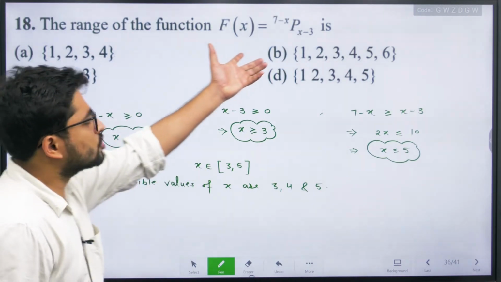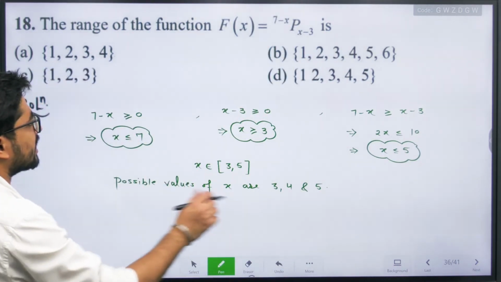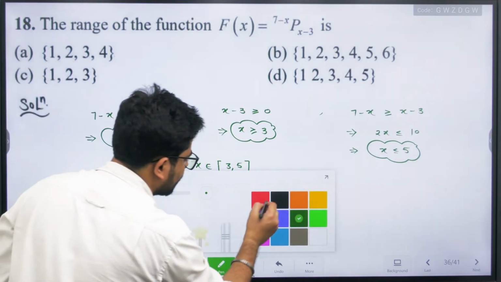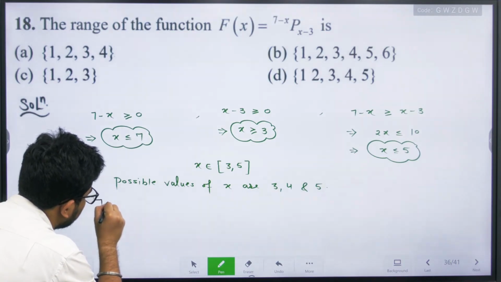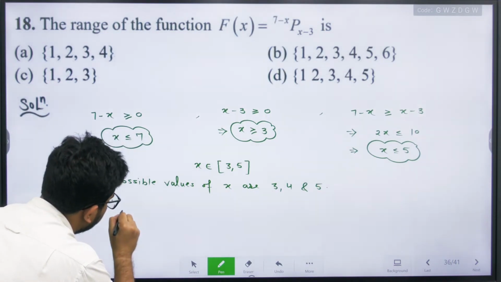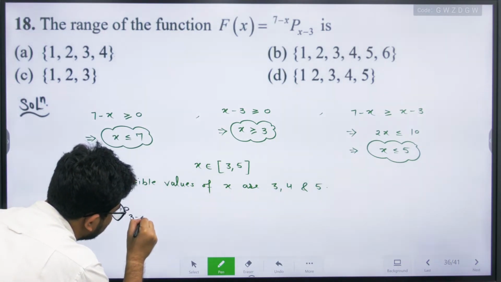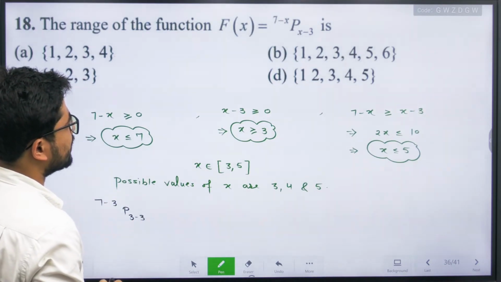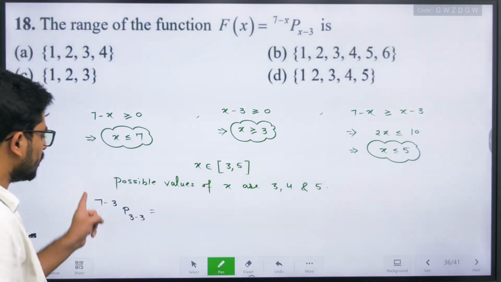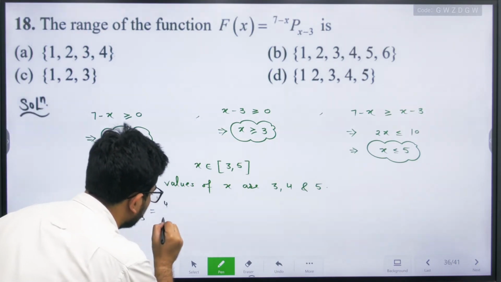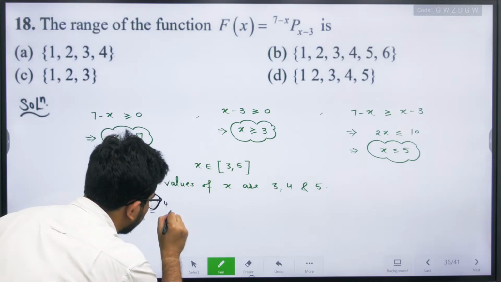Yes. So your range is what? Range contains 7 minus 3. So possible values of your function are (7 minus 3)P(3 minus 3), which is equal to 7 minus 3 is 4 and 3 minus 3 is 0.